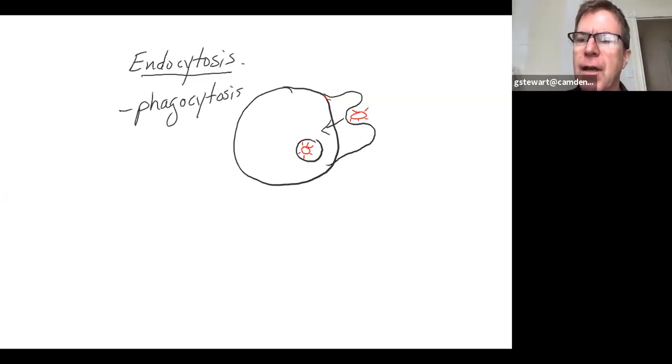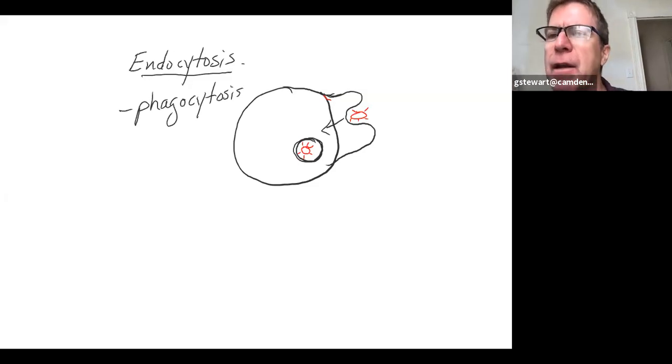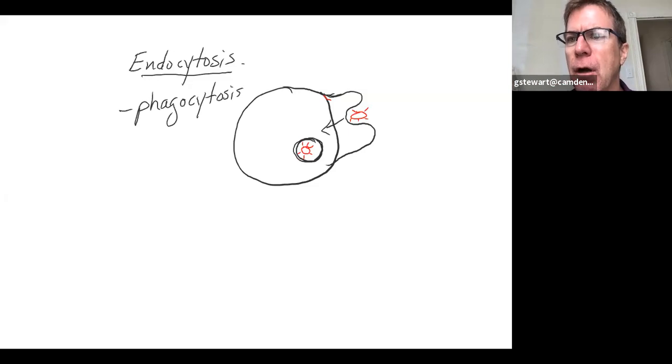What happens is the cell just engulfs, usually a foreign object, and then packs it into some sort of a vesicle like this. And what it does with that thing depends on what it engulfed. If it's a foreign microbe, it usually engulfs it and starts to break it down and devour it.